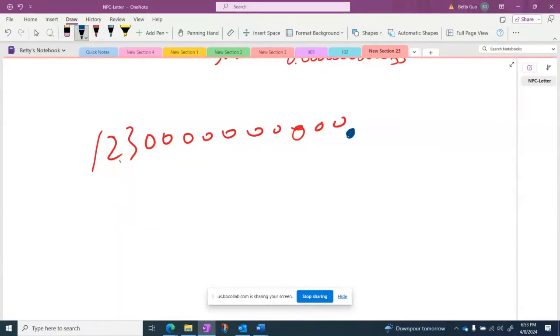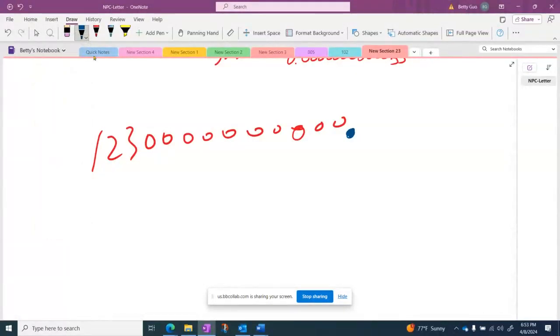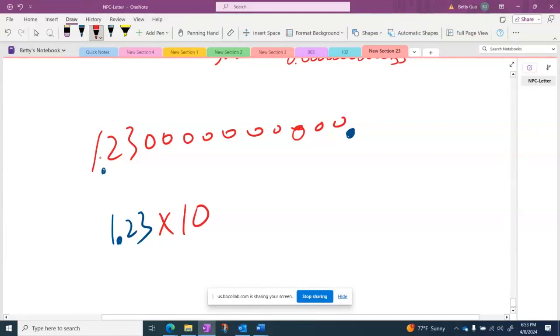And then maybe we try here, still too large, right? And maybe we try here, between 1 and 2, and we get 1.23. And that is a number between 1 and 10. That's going to be the first part. And multiply by the second part. Since this is a very large number, the second part is a power of 10, and the exponent is going to be a positive integer.